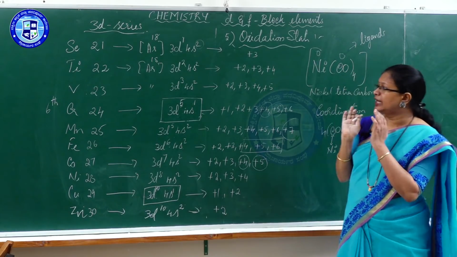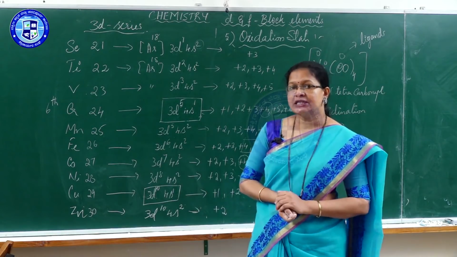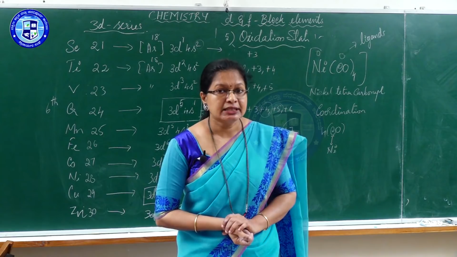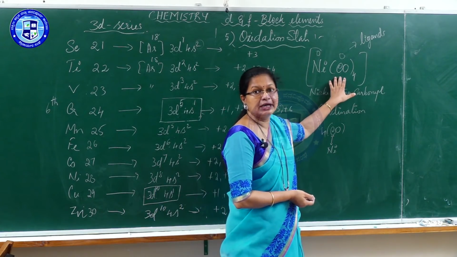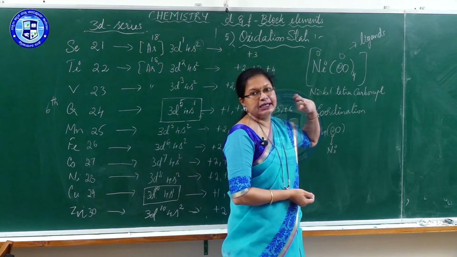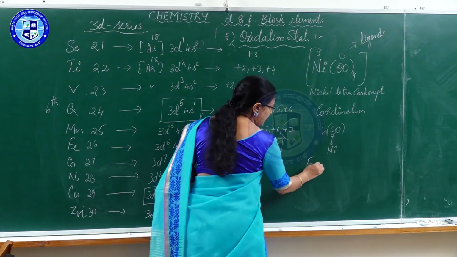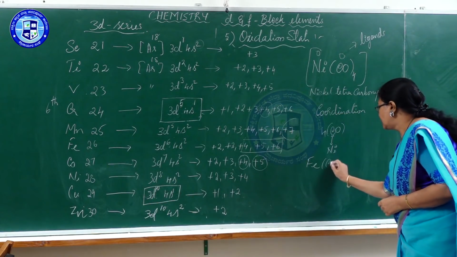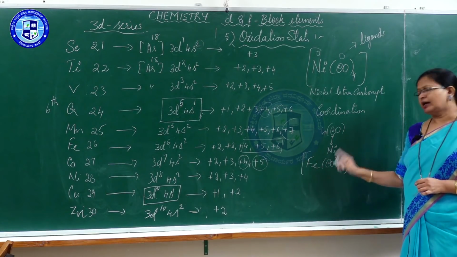Hence, what I would like to say here is some of these elements can exhibit even 0 oxidation state, which is not listed in this, but they can still exhibit 0 oxidation state in coordination compounds containing carbonyl as ligand. A few more examples: iron can also form such a compound with carbonyl. It is Fe(CO)5, called iron pentacarbonyl.